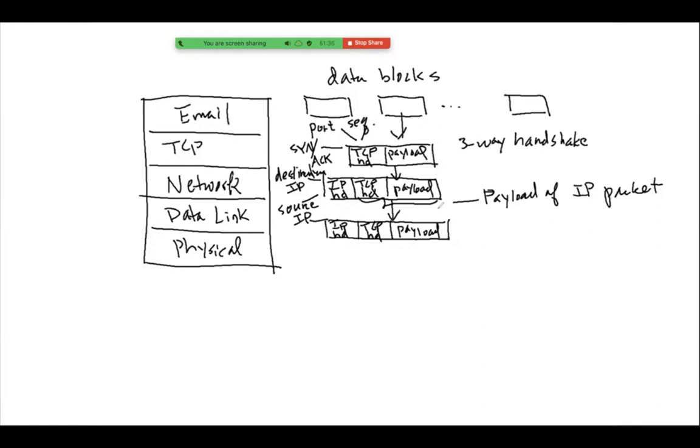Let me put in the IP, the source IP address, and then we have a frame header, and also a frame trailer.